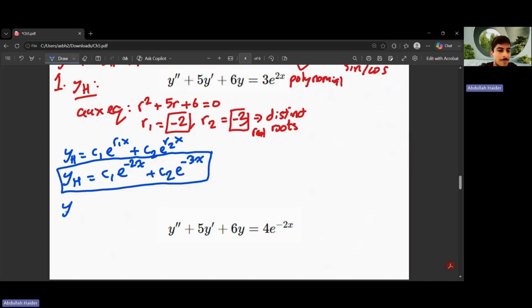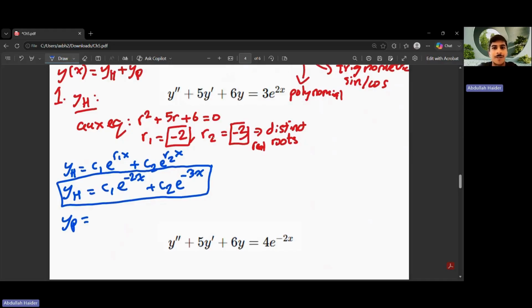Now we need to find YP, which is the particular solution. And for the particular solution, if we have an exponential on the right side, we take a constant a, and we write beside it what we have here on the right side. So YP will be ae power 2x.